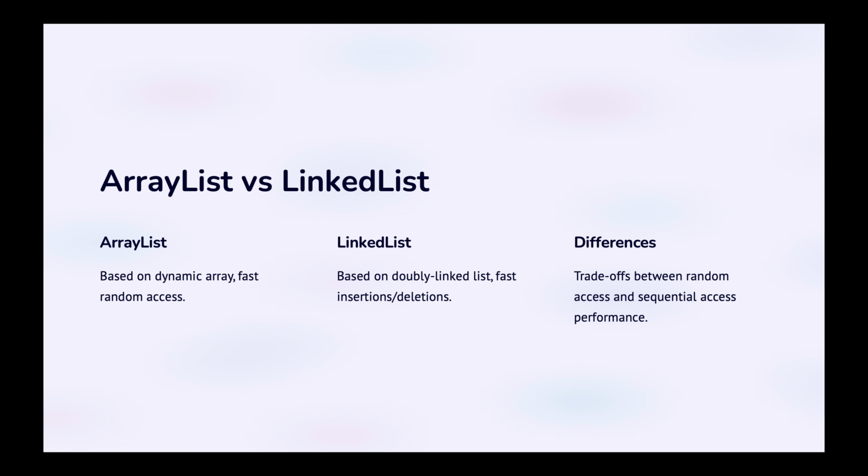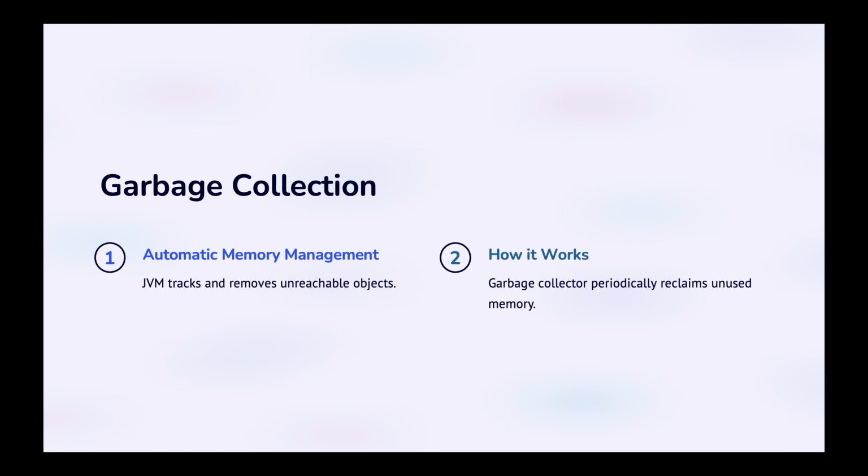Now here is the 8th question. What is garbage collection in Java? How does it work? Garbage collection in Java is the process of automatically reclaiming memory by destroying objects that are no longer in use.